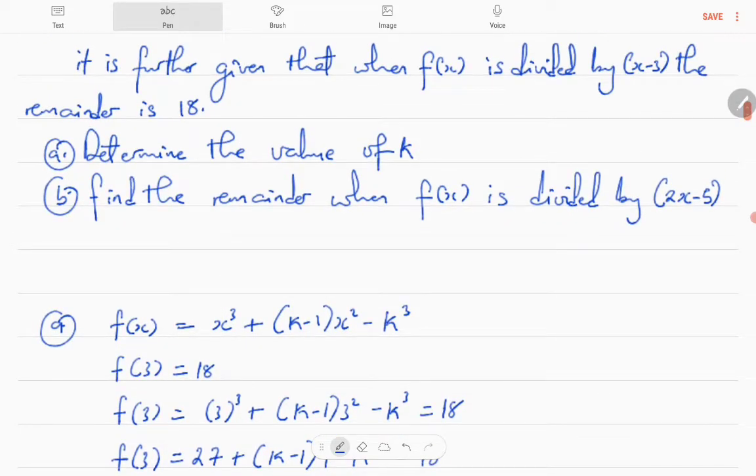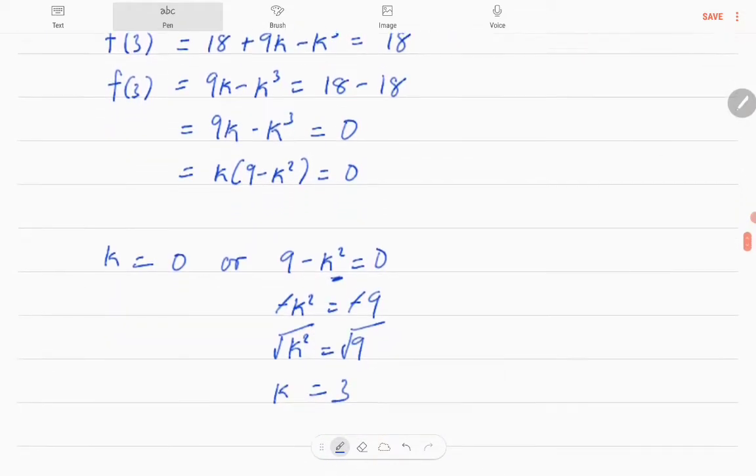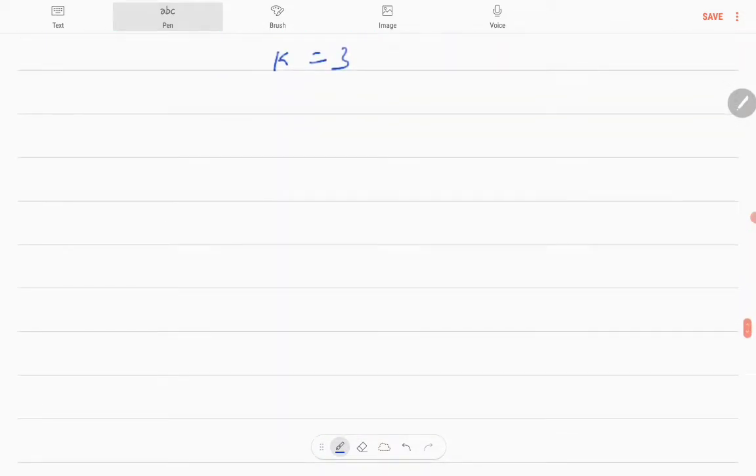Now the second, find the remainder when f(x) is divided by 2x − 5.